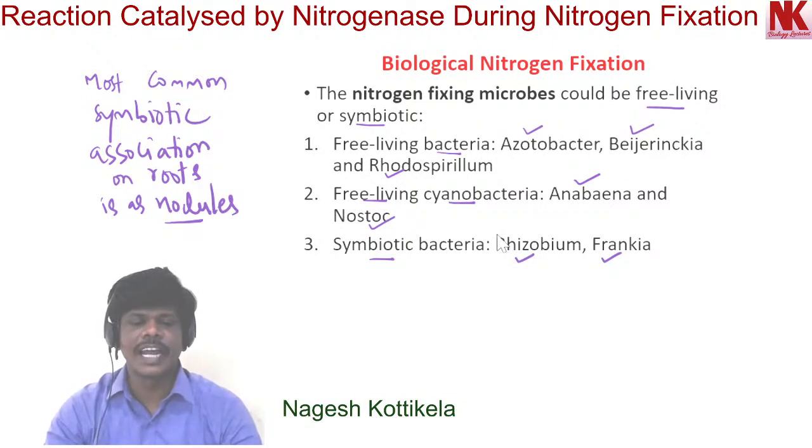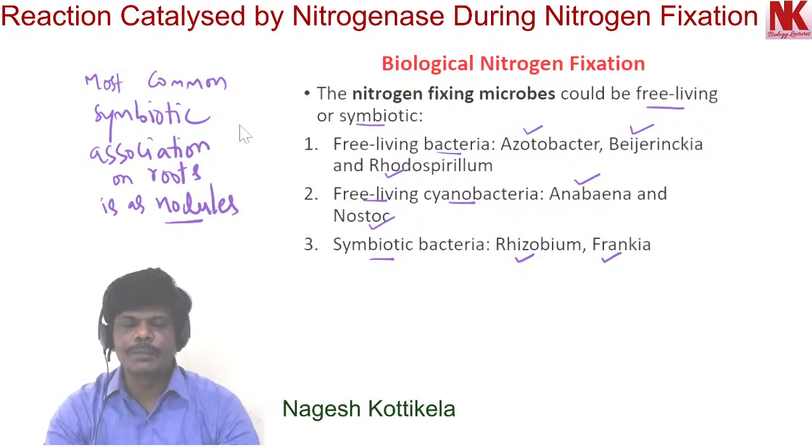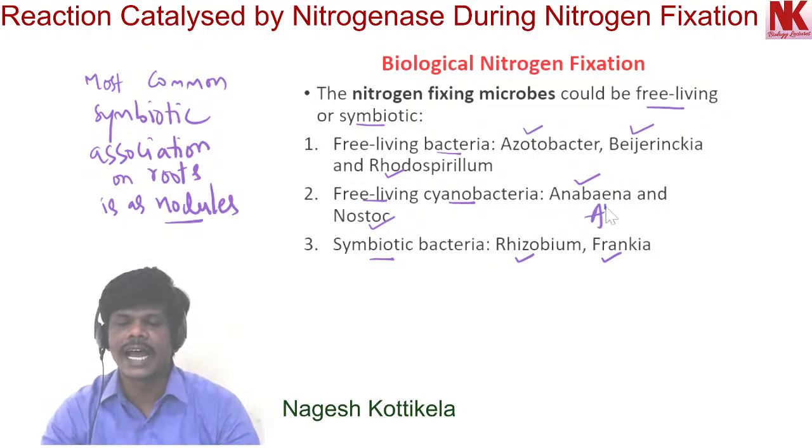Examples are alfalfa, sweet pea, lentils, garden pea, broad beans, clover beans. All these are leguminous plants. Frankia, a symbiotic bacterium, has association with roots of a non-leguminous plant called Alnus, important for exams.